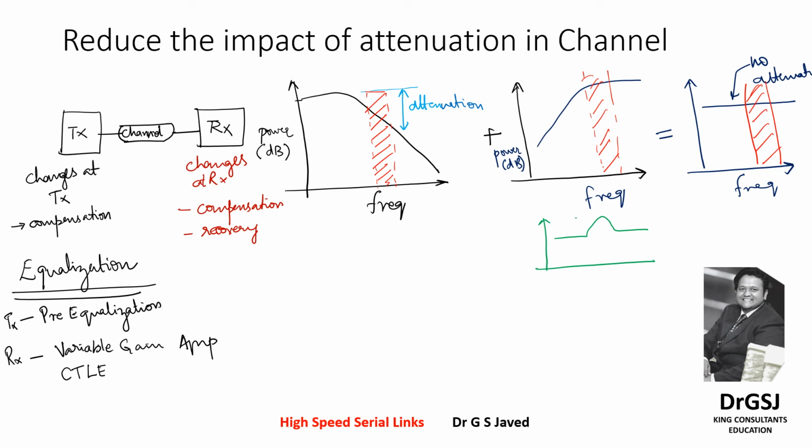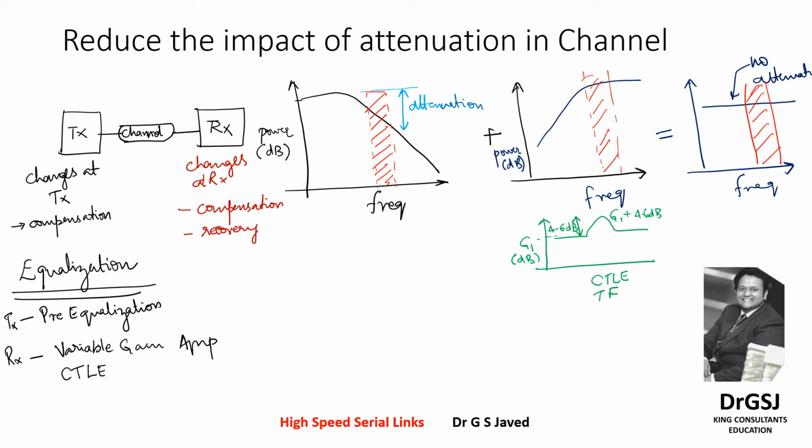So typically this increase is about 4 to 6 dB of gain that you will get. So if this gain is G1 in dB, at this point, this will be G1 plus 4 to 6 dB. So this is called a continuous time linear equalization transfer function.